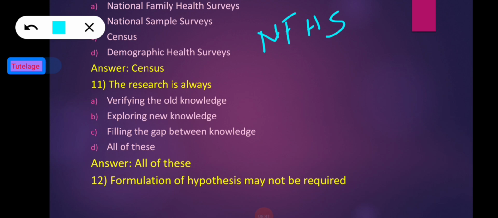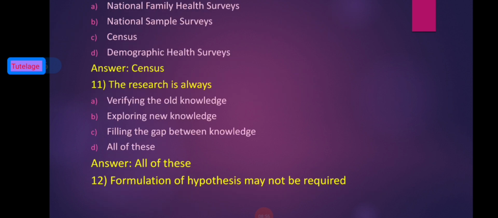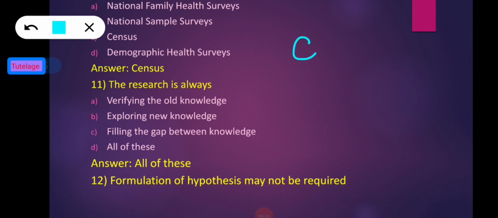Next option, National Sample Survey. Third option is census, and the fourth option is demographic health survey. So obviously, which method or which procedure is the most comprehensive source of population data? Census is the correct one. So option number C is the correct answer for this particular question. So now move on to the next question.